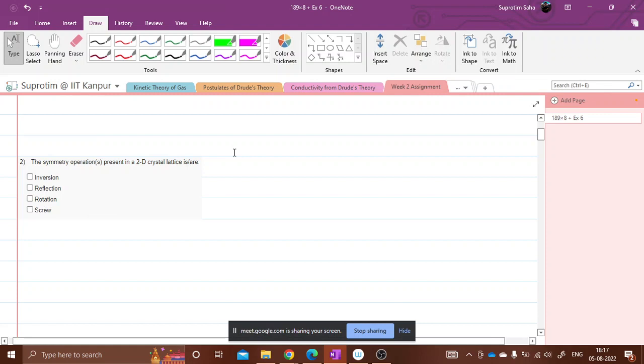The symmetry operation or operations present in a 2D crystal lattice are... As you can understand, it can be a multiple answer question. Let's start with inversion symmetry, what it's like. Let's say there's a simple cubic structure.